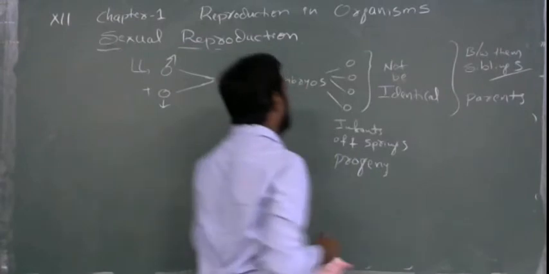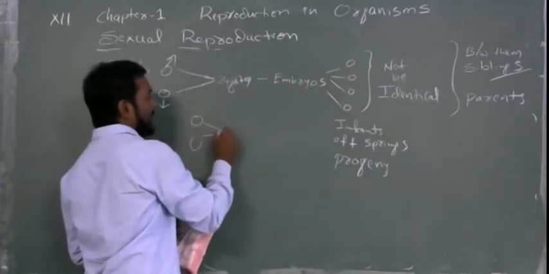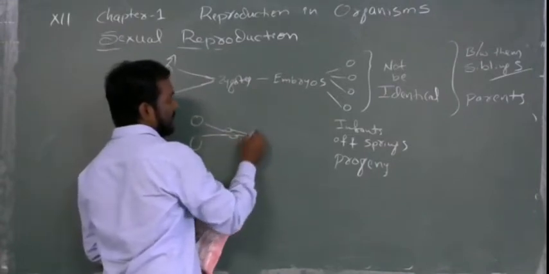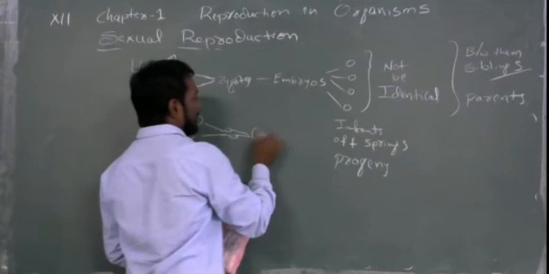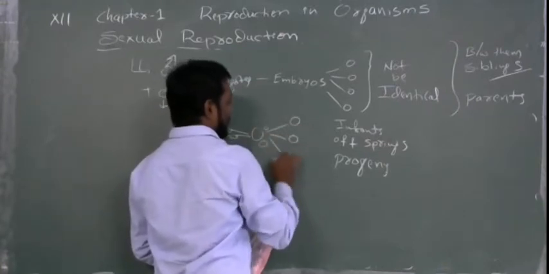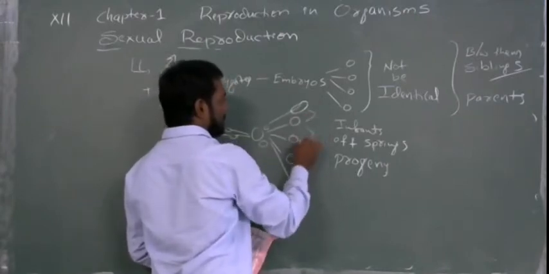It means if two parents are giving rise to the gametes, and these two gametes club together to form a zygote, and many zygotes come out as babies, there will be no similarity between them.